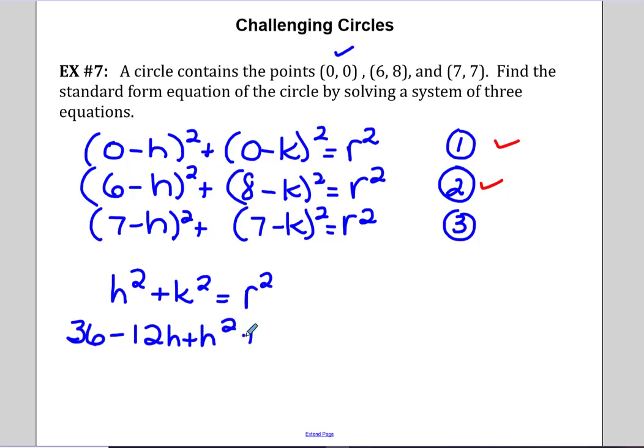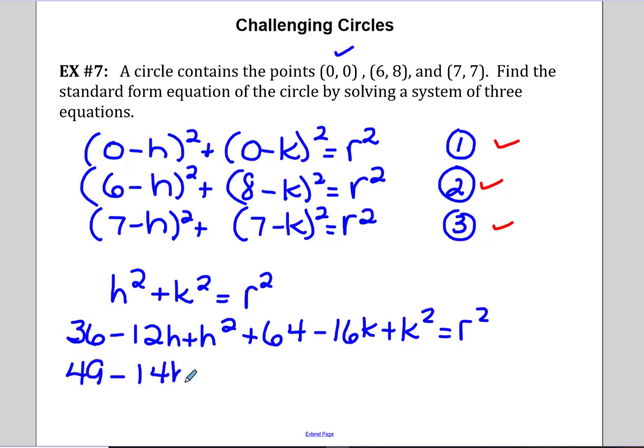In the second equation, if we expand each of these binomials, that's 36 minus 12h plus h squared plus 64 minus 16k plus k squared. And then in the third equation, we are looking at 49 minus 14h plus h squared plus 49 minus 14k plus k squared is r squared.